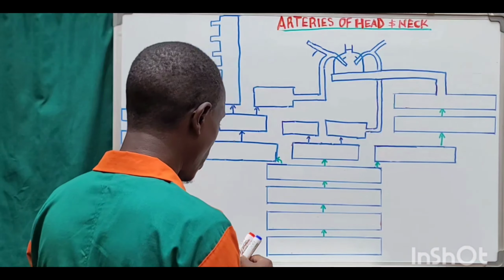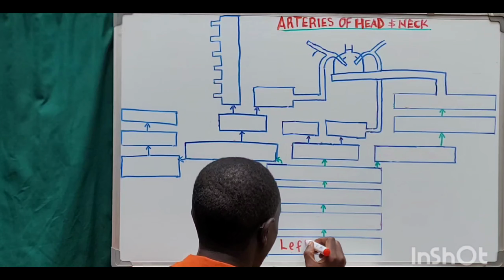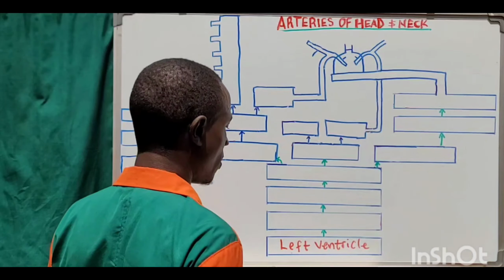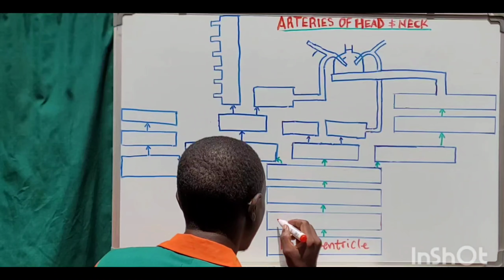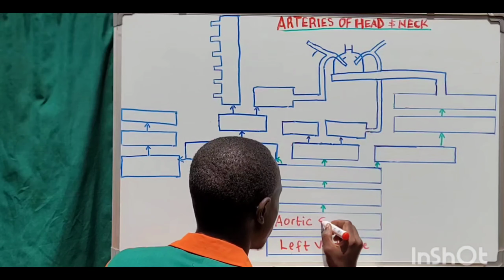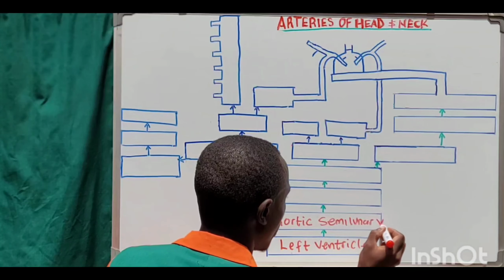Okay, so now we have said that we are starting from the left ventricle. From the left ventricle, we come to the aortic semilunar valve.